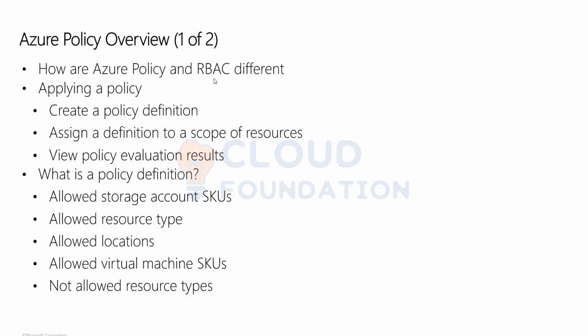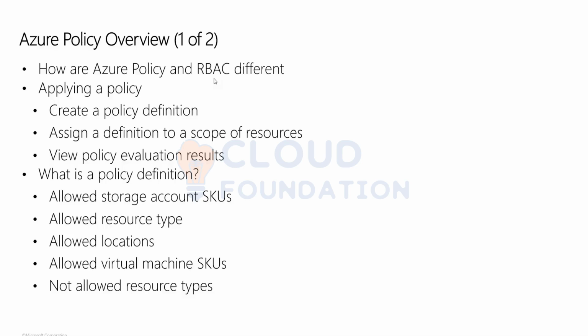If you look at a policy definition here, you can specify what SKUs users can create. If you are looking at GRS, RA-GRS, and you feel that these are expensive in nature, I don't want users to create them. You can create a policy for it.